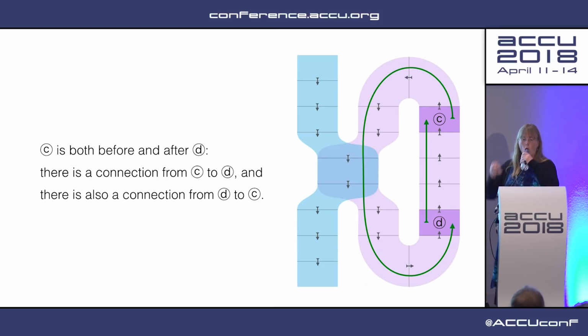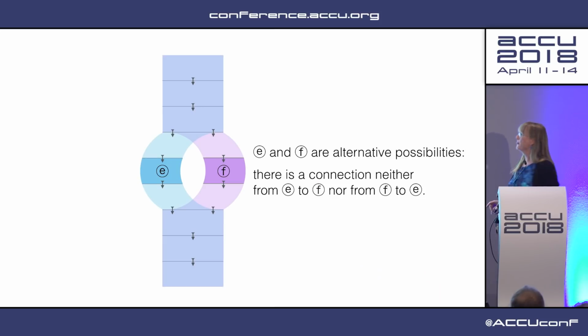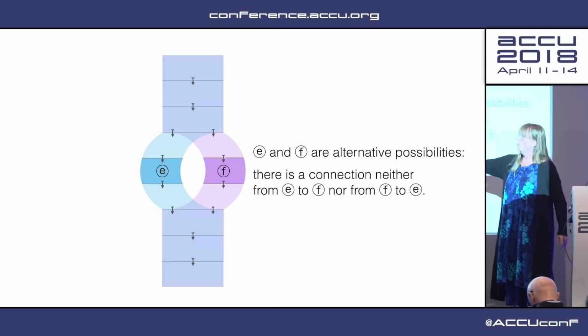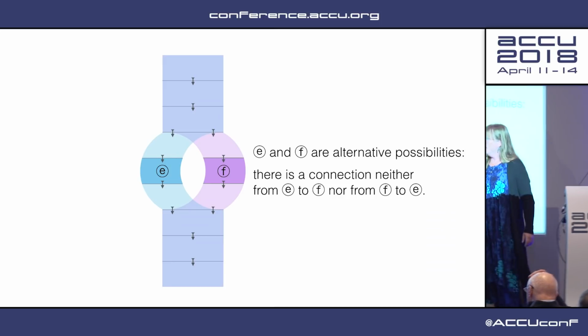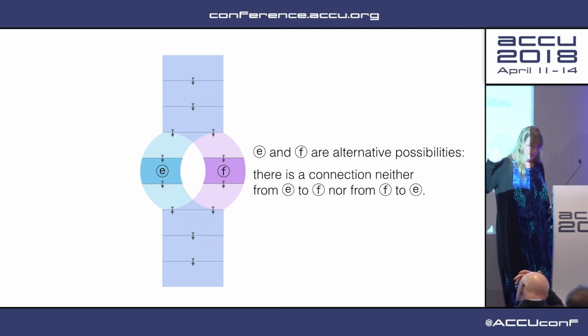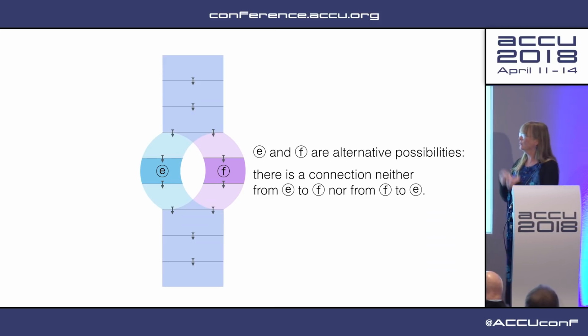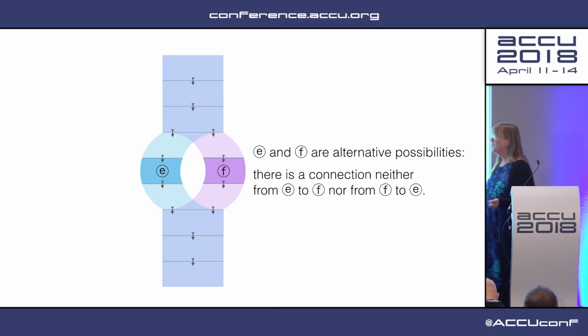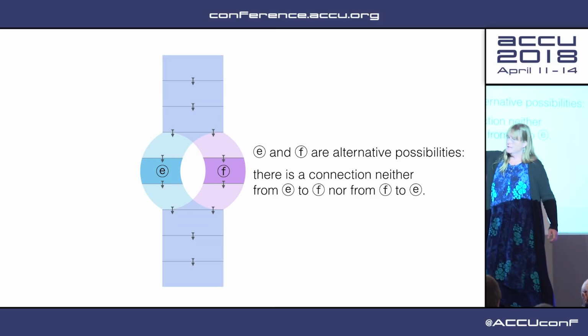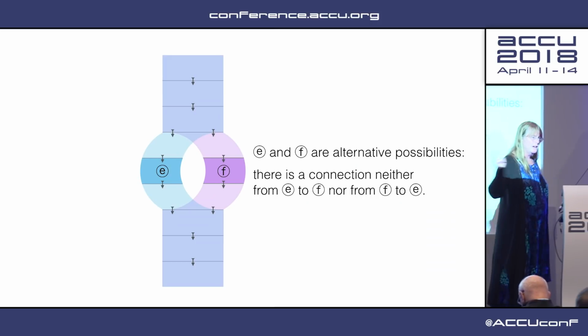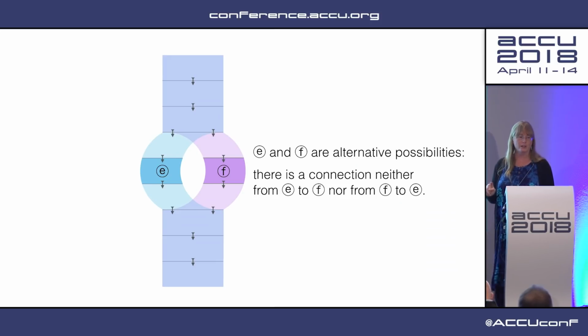Similarly, when we have a branch, we have two things that are clearly part of the same neighborhood. There's no easy way to separate this neighborhood into parts here. But these things, E and F, don't connect to each other in either direction.